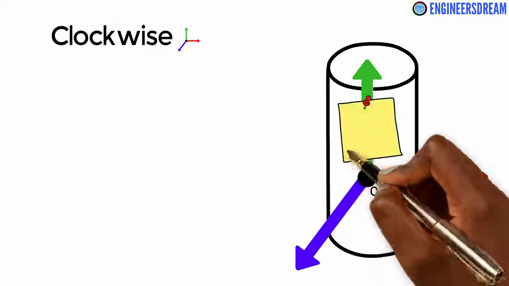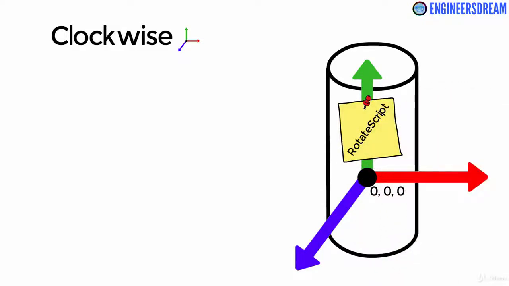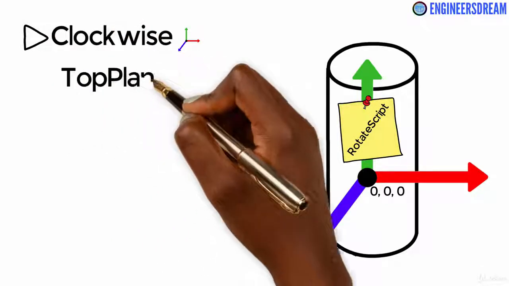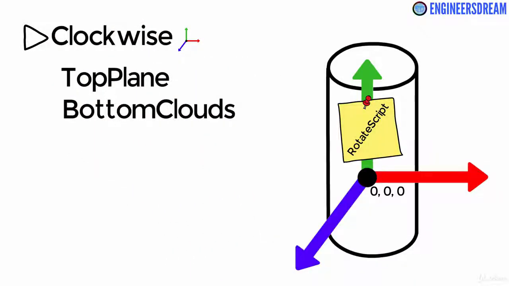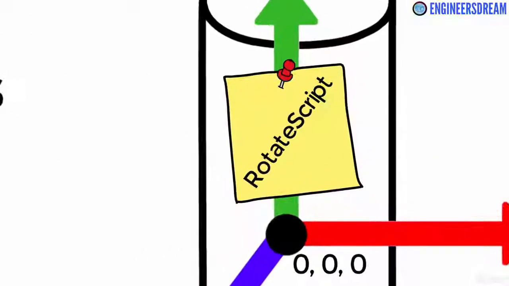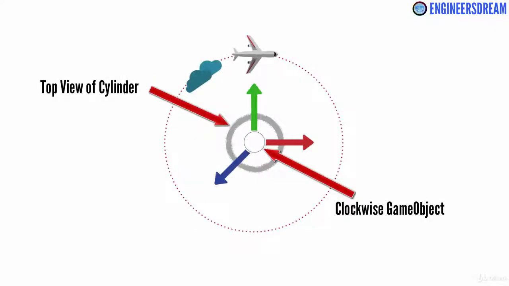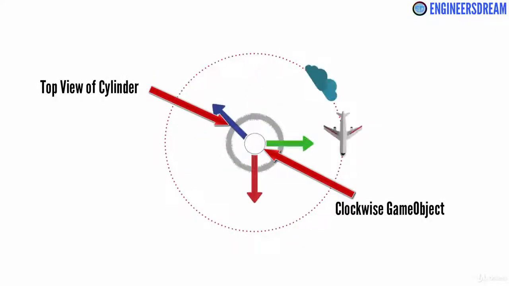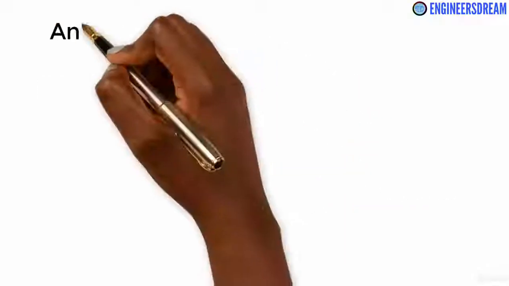I will then attach the rotate script to the clockwise empty game object, and I'll make the top plane and the bottom clouds a child of this empty game object. Since I have attached the rotate script to this empty game object, when it rotates, the top plane and the bottom clouds will also rotate with it, as they are children of this game object.